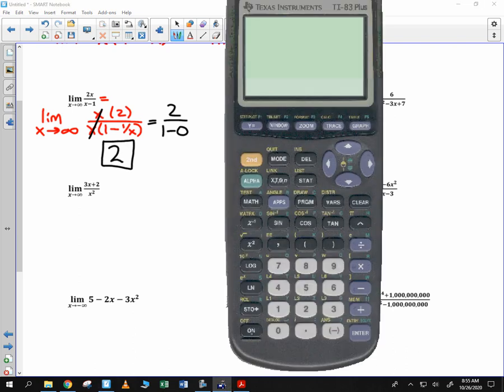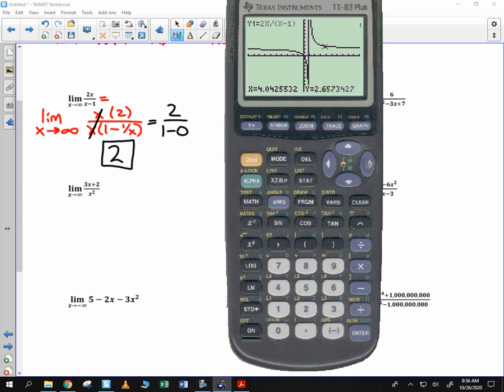Now, just to confirm the idea, I'm going to go to my graphing calculator. I'm going to type in 2x divided by parentheses x minus 1. And when we check out that graph, you can see as I press trace, as I move to the right, look at what's happening.